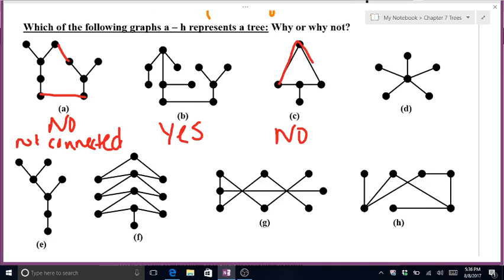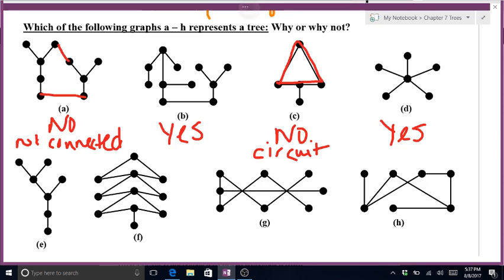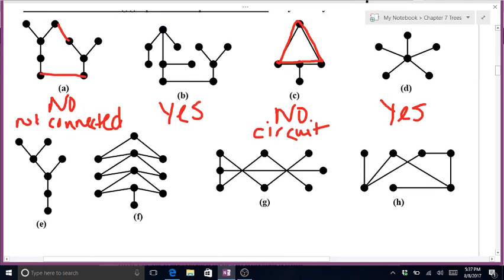So there is a circuit. D. D is a yes. Okay. Take a look at E.